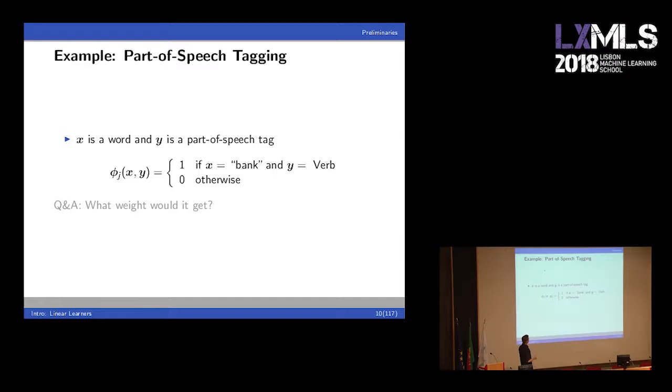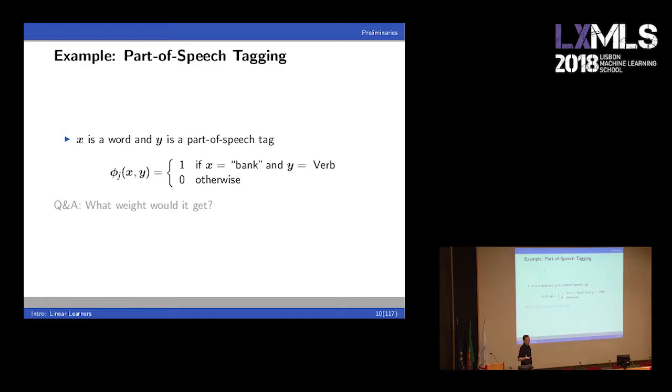So for part of speech tagging, we could have a feature representation like: the input has to be bank, and the part of speech tag is verb. So what do you think? What weight would it get, positive or negative, for standard training data, standard texts? Negative, right?